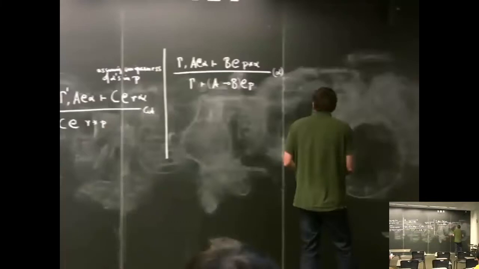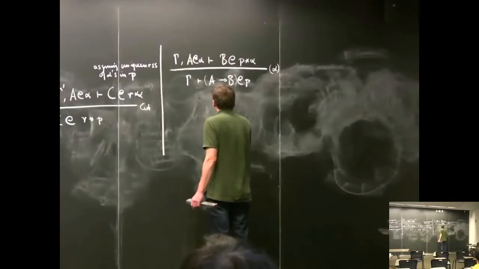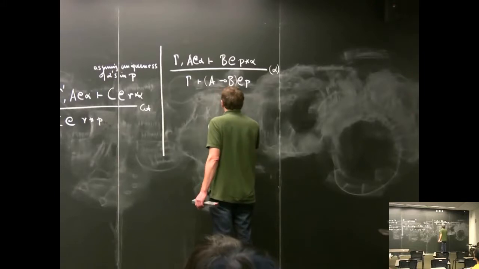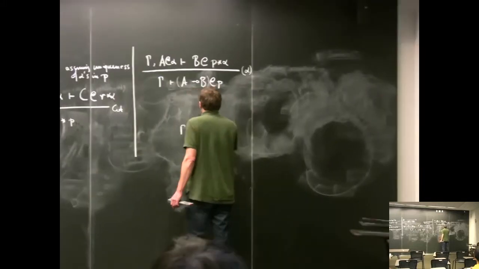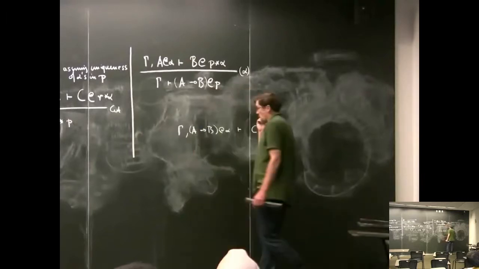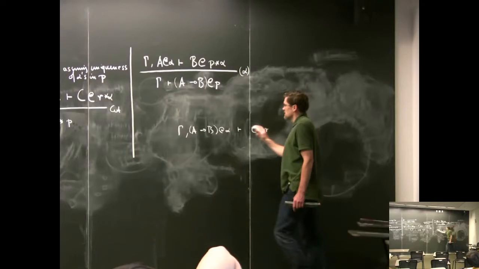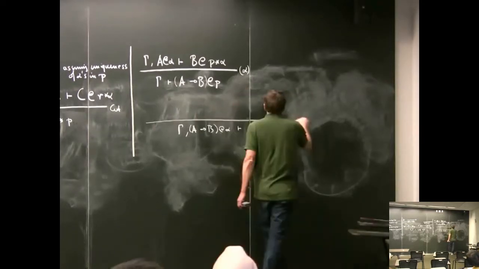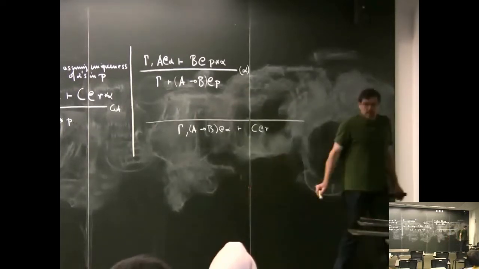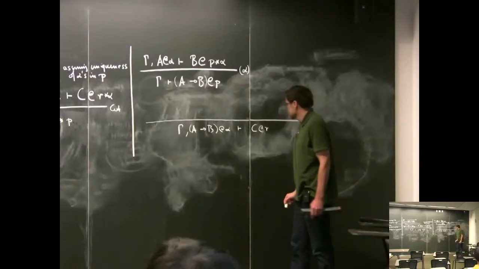All right. So let's see what happens to the left rule. We have gamma, and we have A implies B at alpha, and we're trying to prove C. How do I do this?